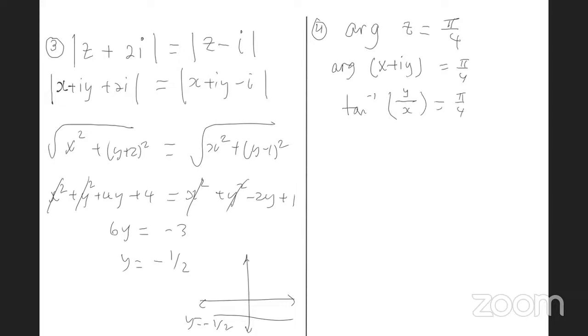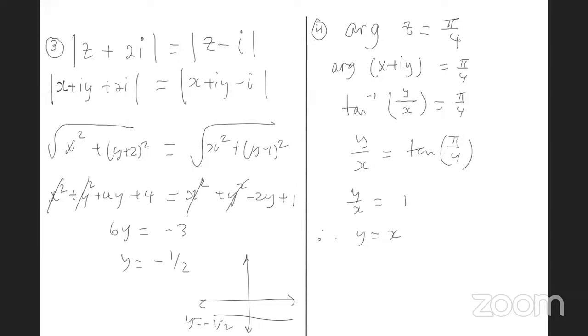So tan inverse y on x is equal to pi on 4. But I'm not liking how that looks, so let's move the tan across. And we will get y on x equals tan pi on 4. If you go to calculators, you'll get tan pi on 4 is 1. So therefore, we're getting y is equal to x. So we get a line, y is equal to x.